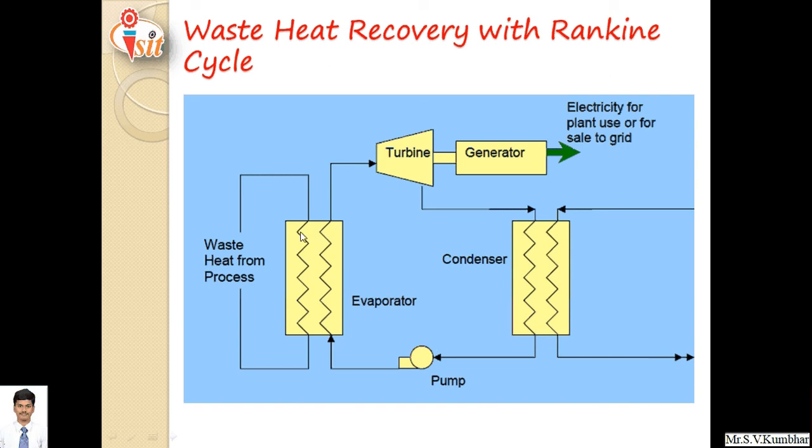After that, heat is exchanged and recovered here, and these high pressure, high temperature vapors expand in the blades of the steam turbine, where it generates electricity. Low pressure vapors are condensed in the condenser and pumped back again to the evaporator. Waste heat from the process can be used for generation of vapor, which is again sent to the turbine.